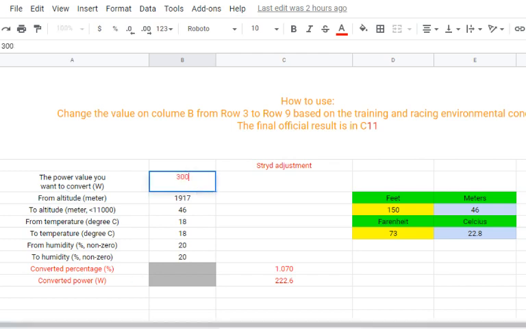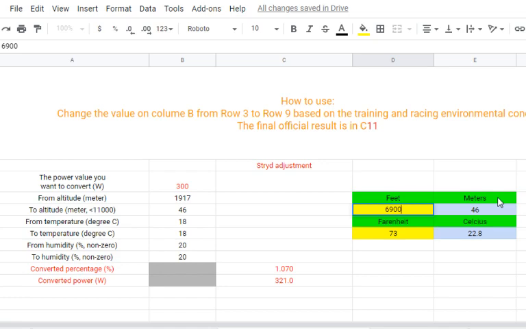Let's just say that the person's FTP at altitude at Flagstaff is 300, and this portion that I'm working on right now here with the colors, that's something I added. It's just a converter because I don't natively work in units of Celsius and meters of altitude.